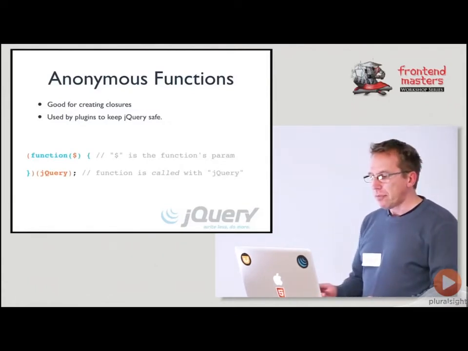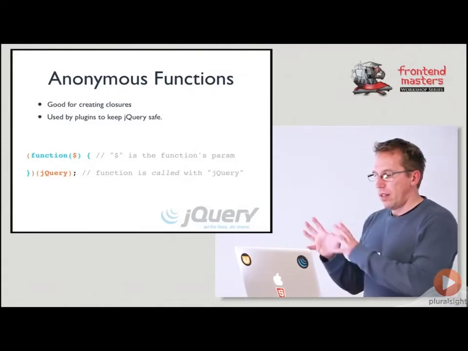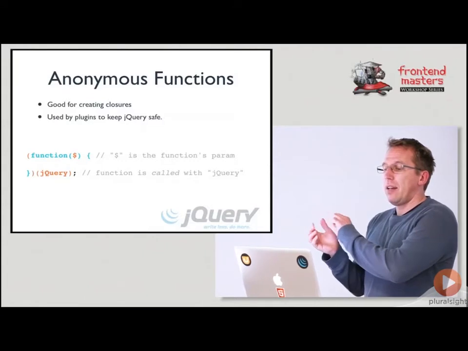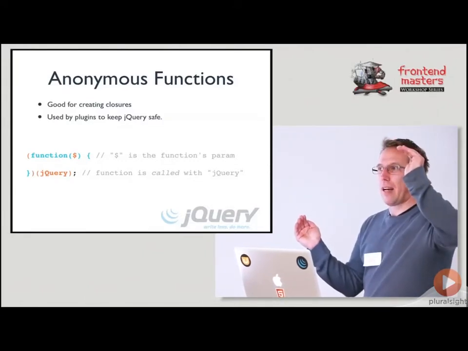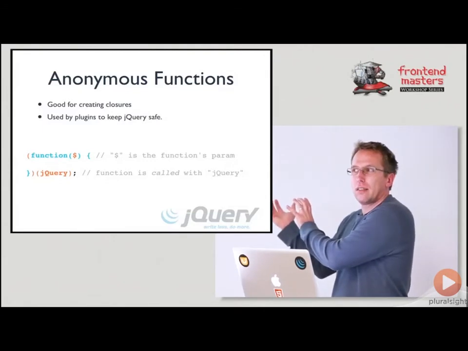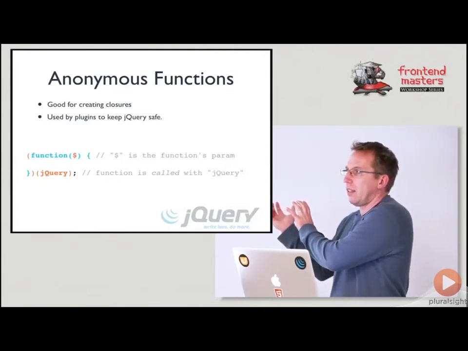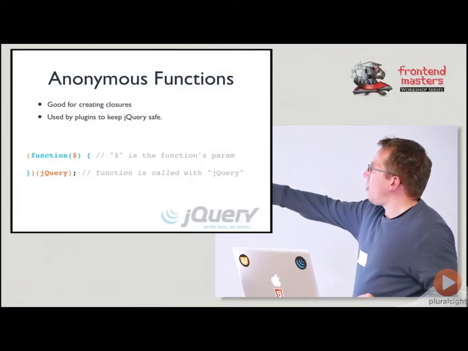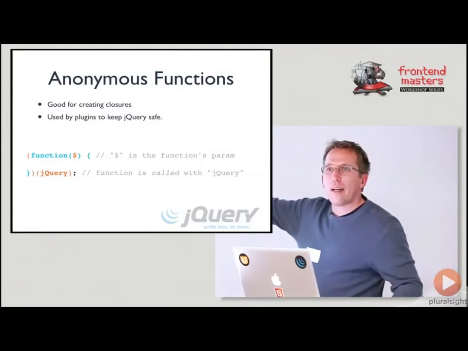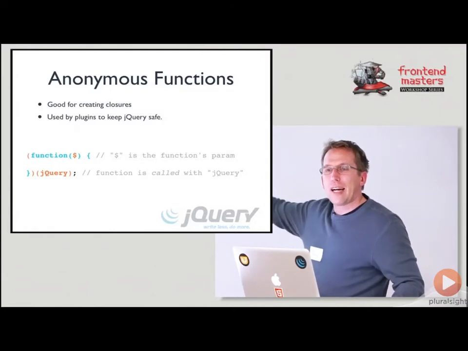So this is what it looks like in jQuery plugins often. It's an anonymous function, right? And we put parentheses around that anonymous function, and then we immediately call it. Okay? And we do this so that jQuery is what is available outside of it, right?